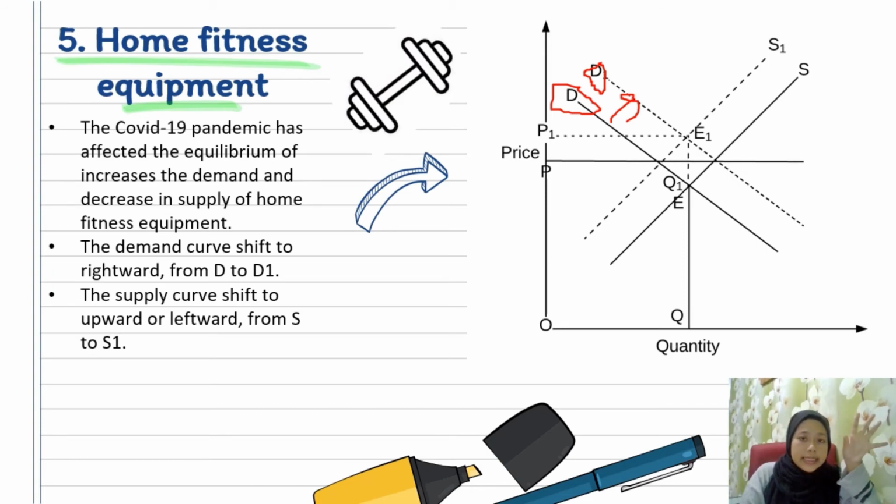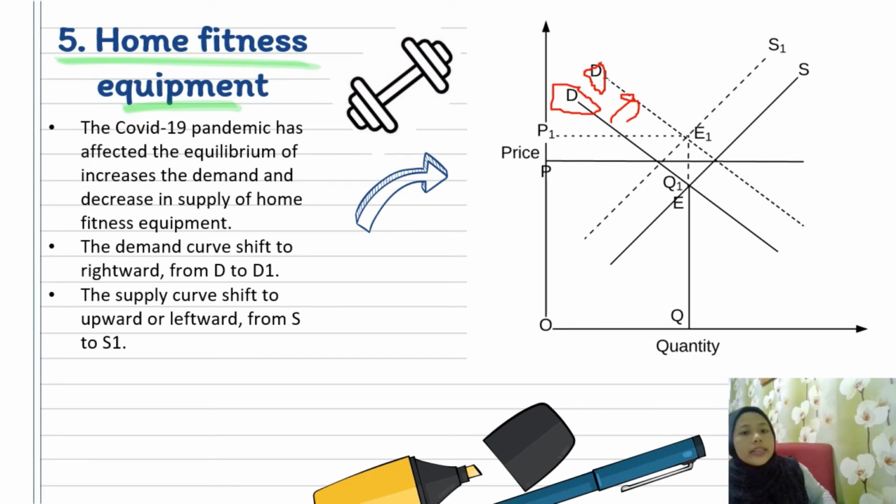Everybody must stay at home and some people must work at home. Those who always went to the gym cannot go. So because of that, they build their own gym and buy home fitness equipment, such as dumbbells, air bikes, treadmills, and others.